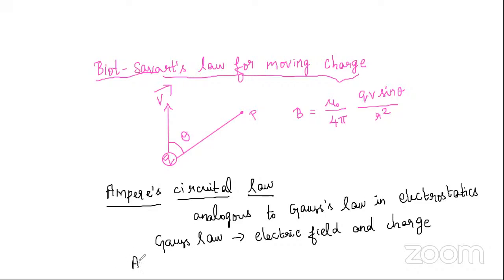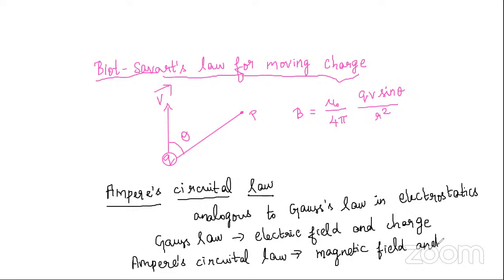So this Ampere circuital law actually gives the relation between magnetic field and current.